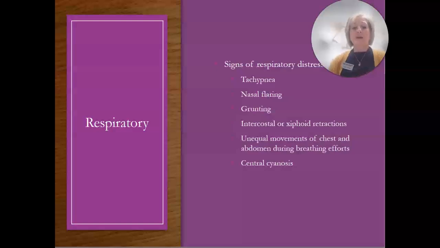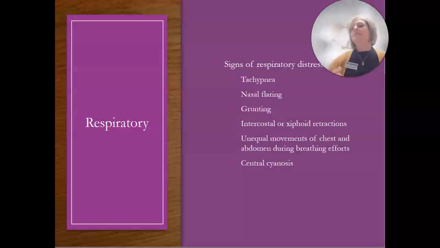And you might see central cyanosis. There's a difference between peripheral and central in a baby. Peripheral cyanosis is called acrocyanosis and is very common for the first 12 hours after birth. It's not uncommon for babies to have their hands and feet a little bit blue, and that is perfectly normal for them.